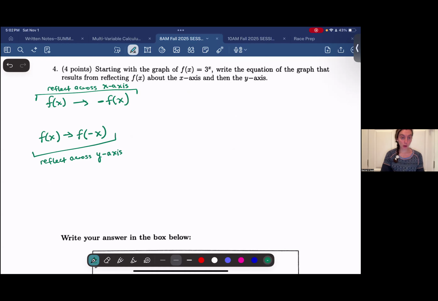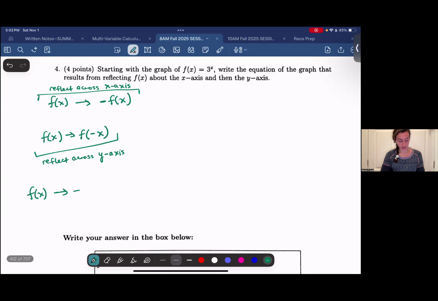And so if we're doing both, then both are going to be negated. We have our original function. It's going to be negative f of -x.